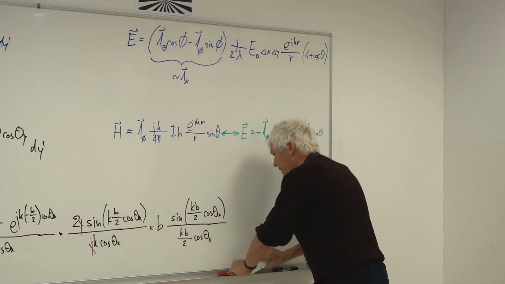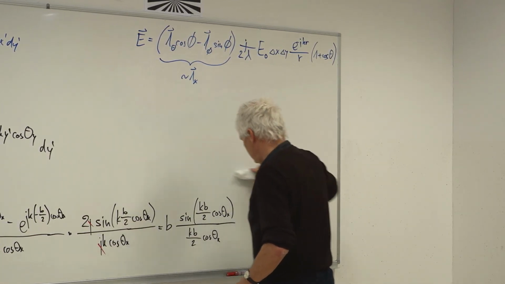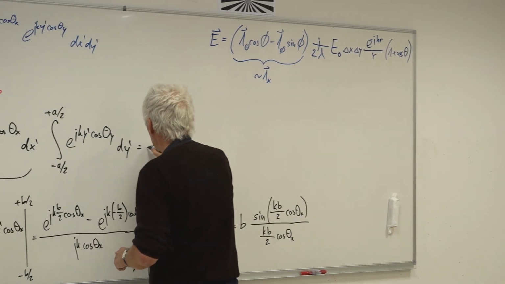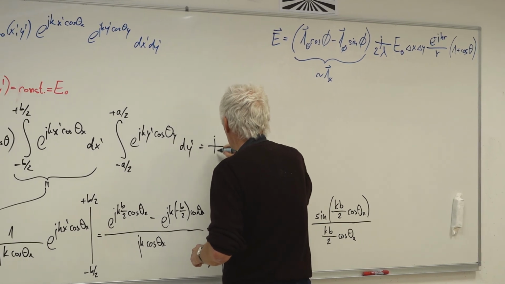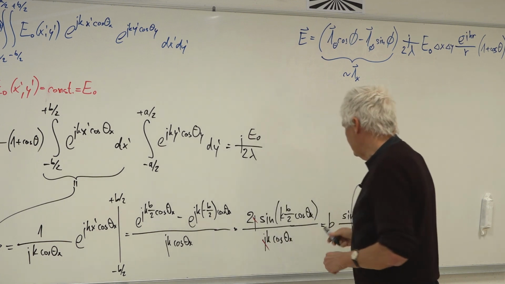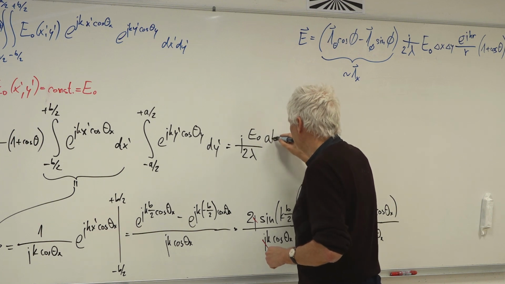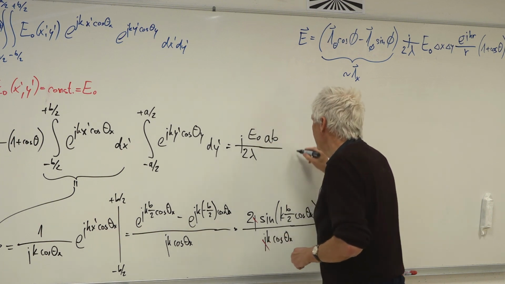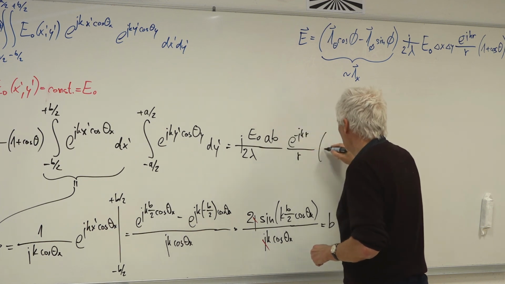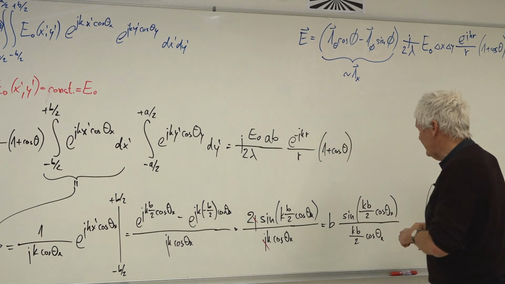So I can write now the whole solution. The whole solution is j over 2 lambda E0. Now one integral gives b, the other integral gives a times b. Okay? E to the minus j k r over r, 1 plus cosine theta. But there are two of these functions.